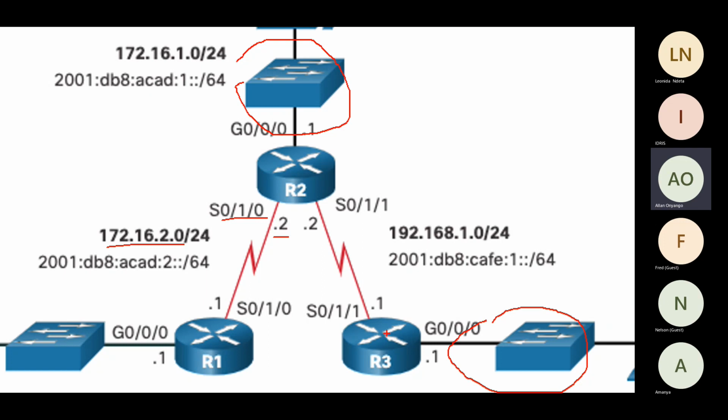Number one, R1 just needs to know the exit to get to R2. That is number one thing that R1 needs to know. Or R1 needs to know the next hop IP address, which is the IP address of the entrance to the next hop device, or R1 needs to know both of them.